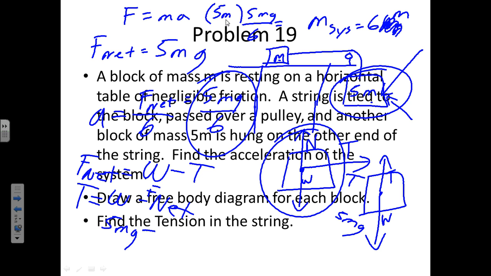So our net force on that block is going to be 25 mg over 6, which means that our tension is going to be 5 mg, the weight, minus 25 mg over 6.